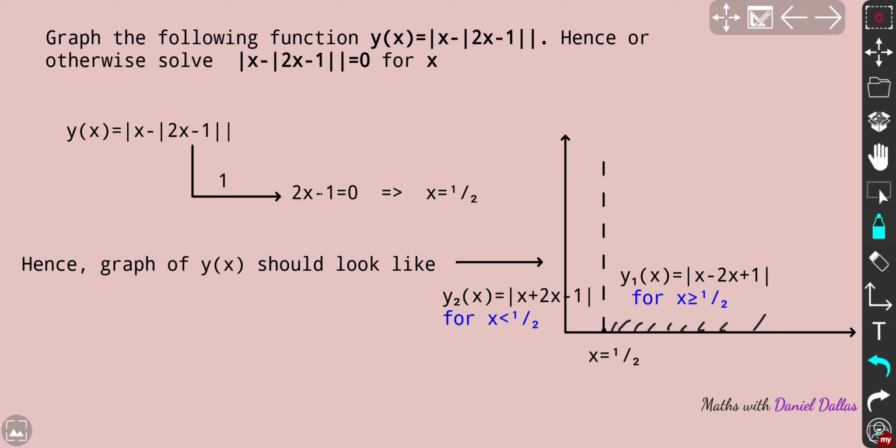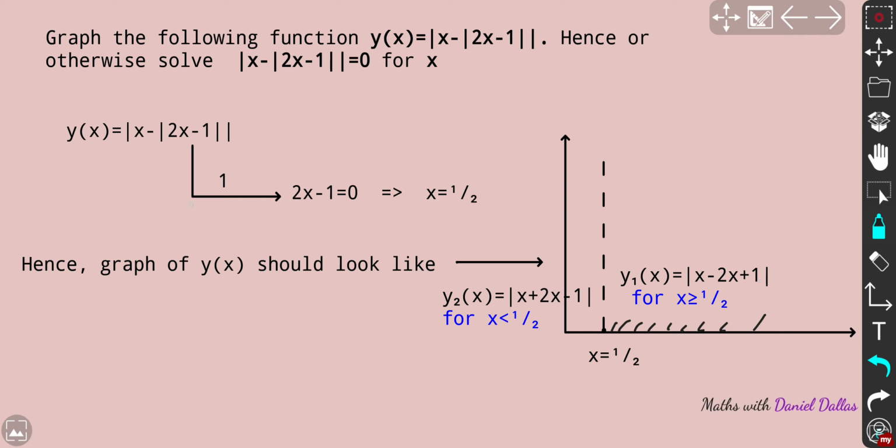So the expression inside the modulus is positive, so there is no need to keep those parallel lines and we can get rid of them. When we get rid of the parallel lines from the expression 2x minus 1, we simply get x minus 2x plus 1, because we expand the brackets, so the minus goes here and the minus goes to negative 1. Finally we get x minus 2x plus 1.